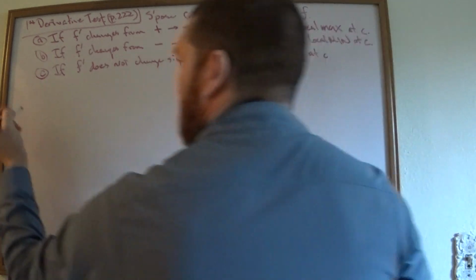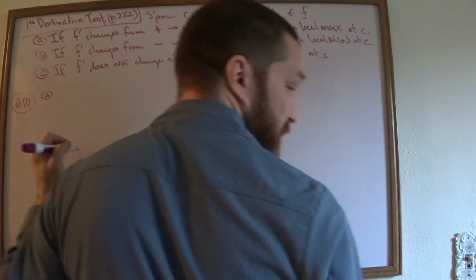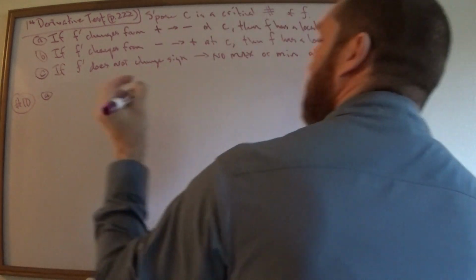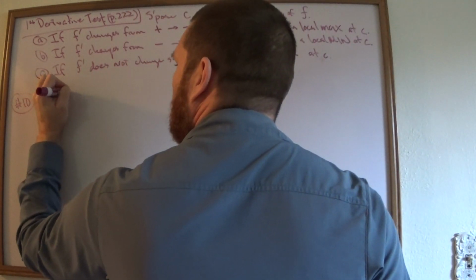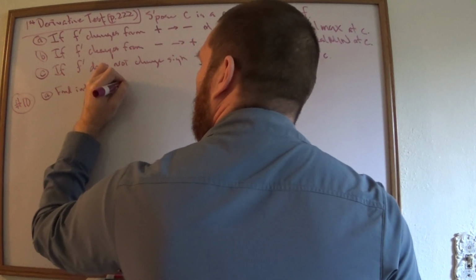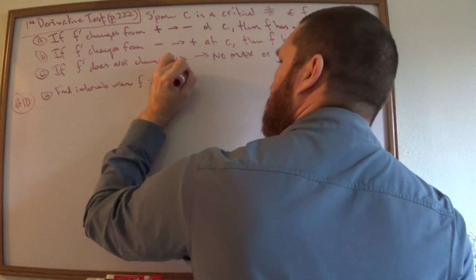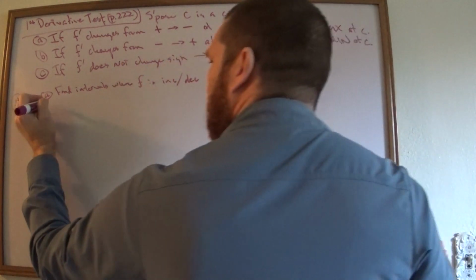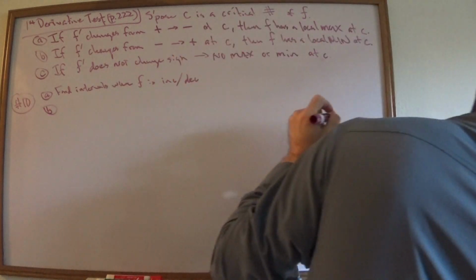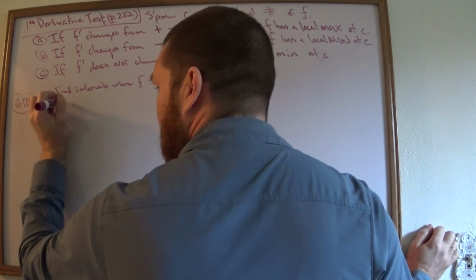So here's number 10, and it has 3 parts. A says, find the intervals where f is increasing or decreasing, and B, find the local max and min values.